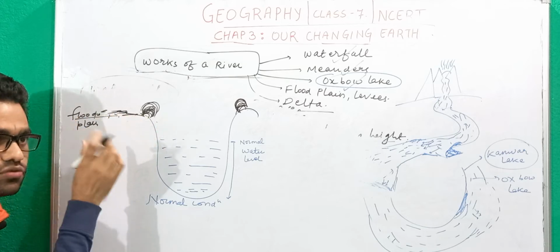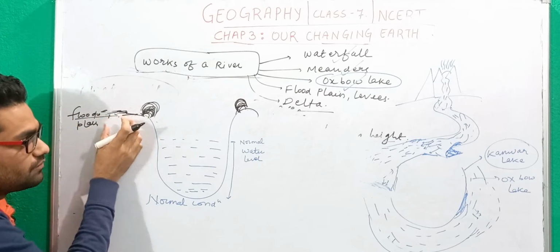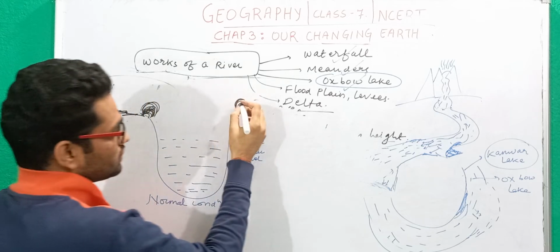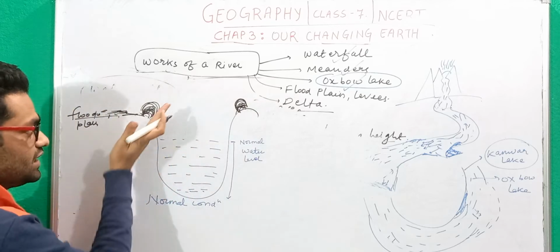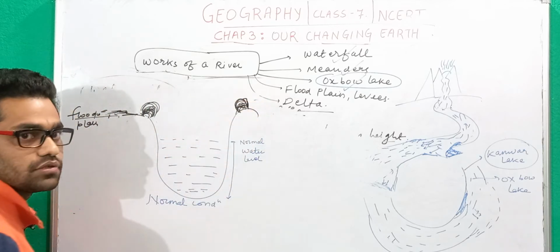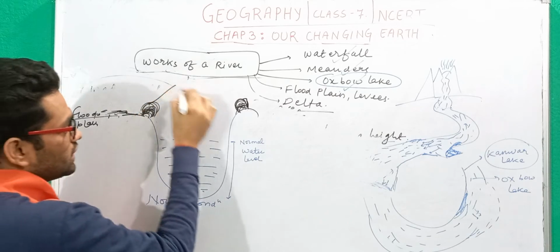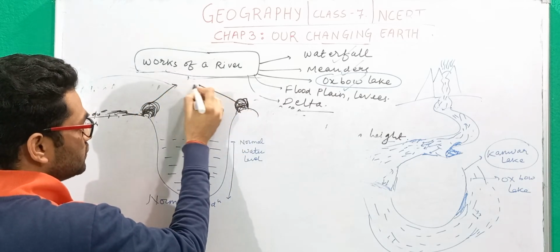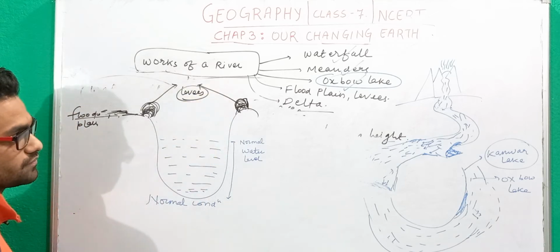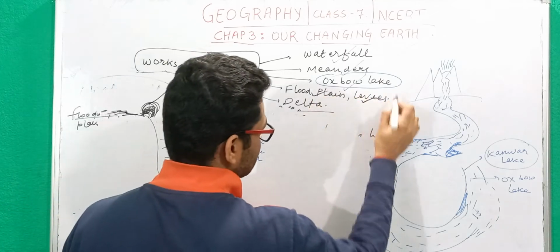The deposition also occurs in the floodplain area, but the rate of deposition here is much higher, and that is why an elevated piece of land will be formed along the bank of the river. This piece of land formed along the bank of the river is what we call levees. Right, so this was floodplain and levees.